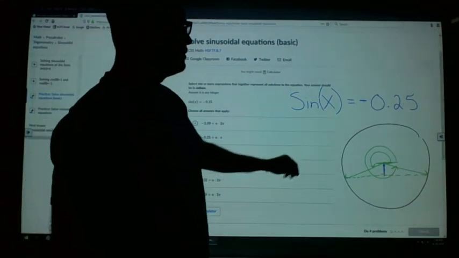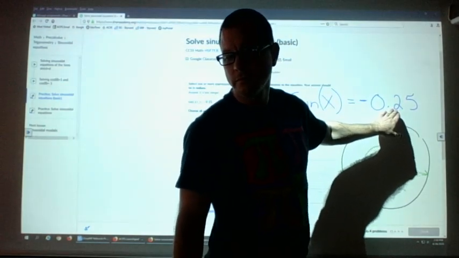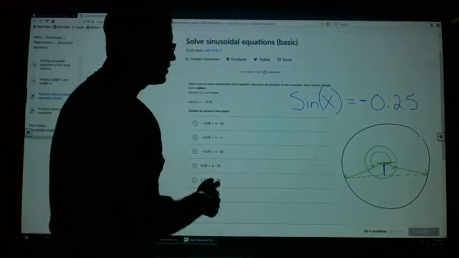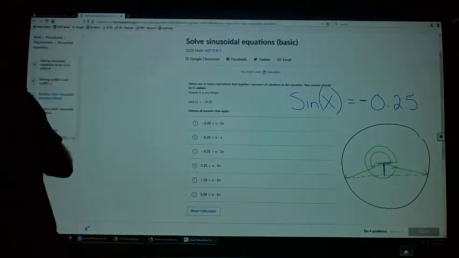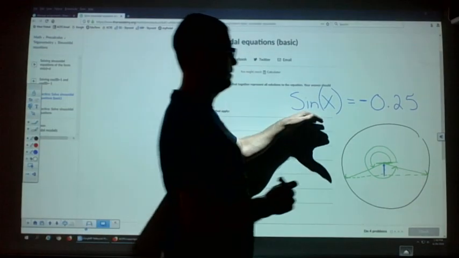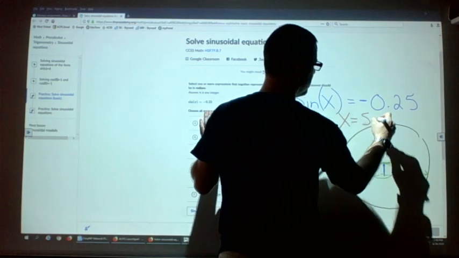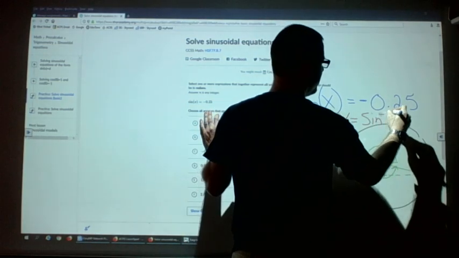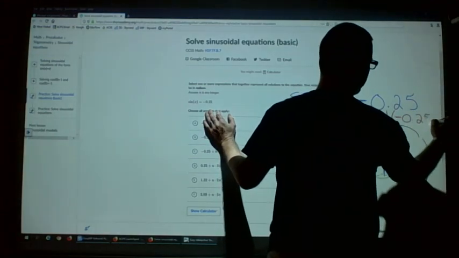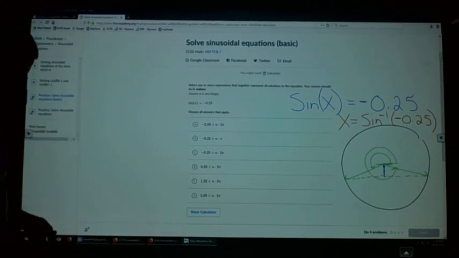Just like the last one, 0.25 is not on the unit circle. So I'm going to use my calculator. I'm going to take the inverse sine. So here, I know that x is equal to the inverse sine of negative 0.25. Now again, it's going to go straight in my calculator.